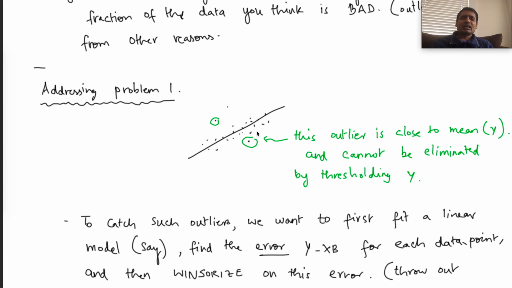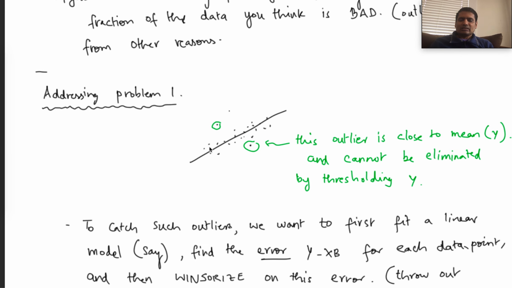And then use the error to eliminate these data points, rather than basing what an outlier is on your y value. You would base it on your error from some model. Okay, so let me talk about that in the next short video.